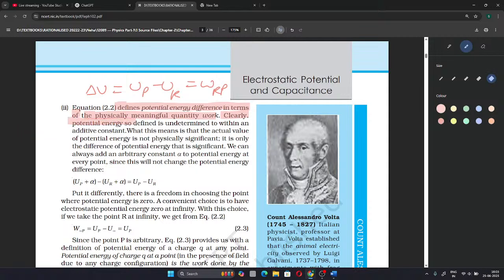Clearly, potential energy so defined is undetermined to within an additive constant. What this means is that the actual value of potential energy is not physically significant. It is only the difference of potential energy that is significant. We can always add an arbitrary constant alpha to potential energy at every point, since this will not change the potential energy difference.